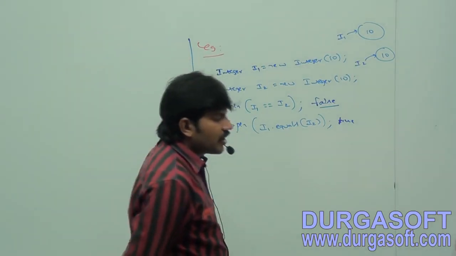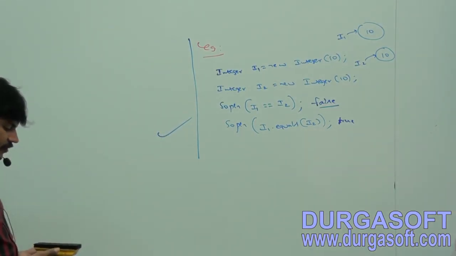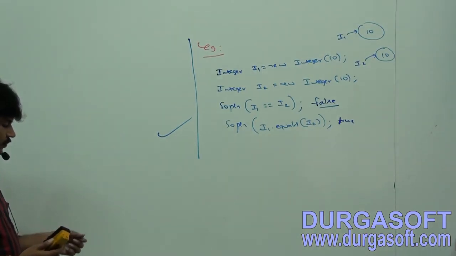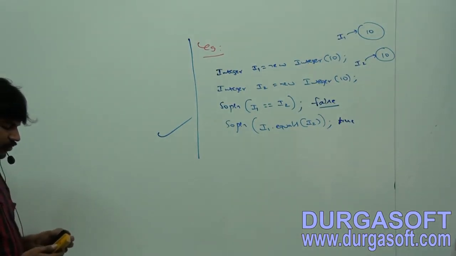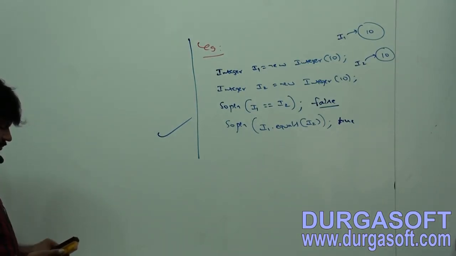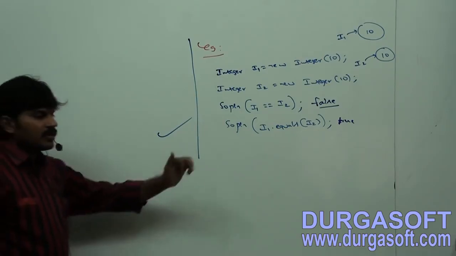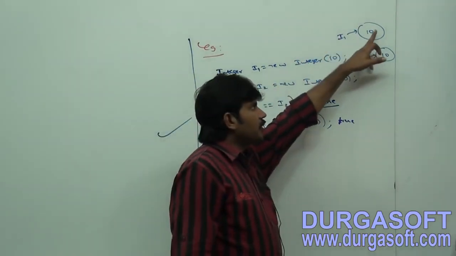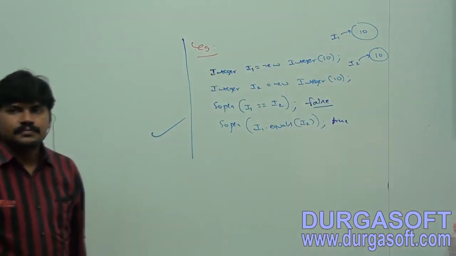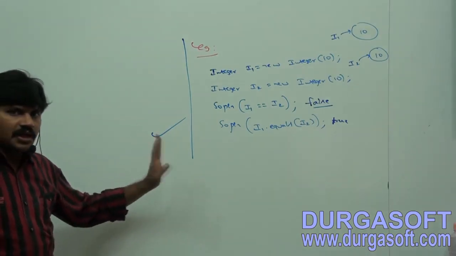So the answer we are going to get is false. I1 dot equals of I2, the answer is true. Better to take these diagrams also. I1 points into this object, I2 points into another object. Completed, right? Not required to keep any explanation, right?